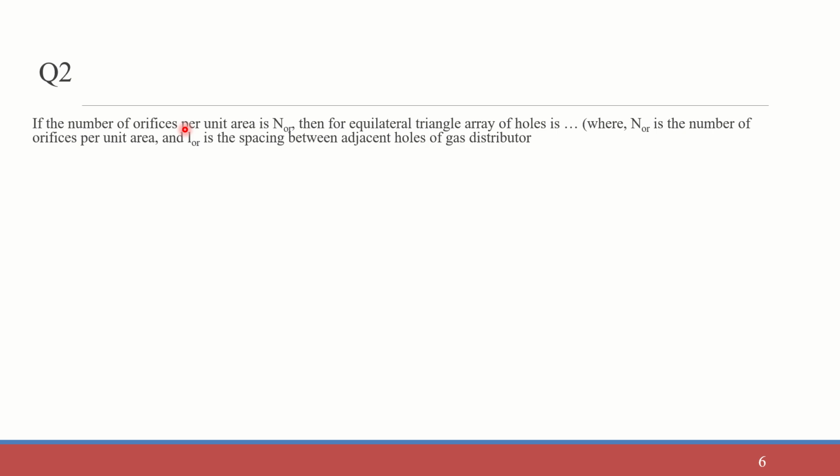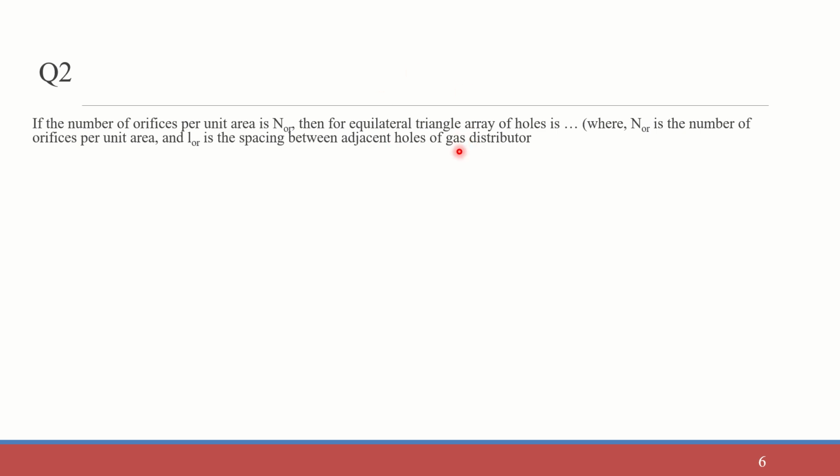What is the value when it is for an equilateral triangular array of holes? That is what is being asked over here. And here we must be careful to understand that the question is regarding an equilateral triangle array of holes, and not a square array of holes.